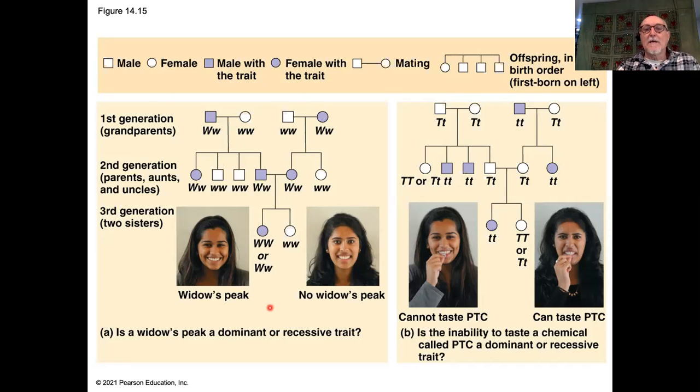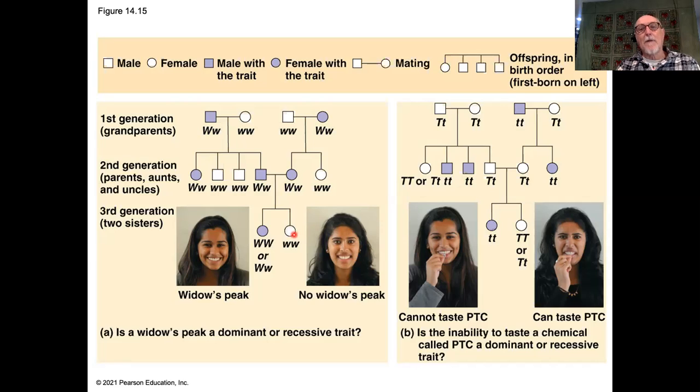We don't know yet whether it's dominant or recessive, but what we can say is that these have to be heterozygous, right? Because look at the outcome here. They have to be heterozygous because the trait has made its appearance in both allelic forms. Here she has it, she does not.